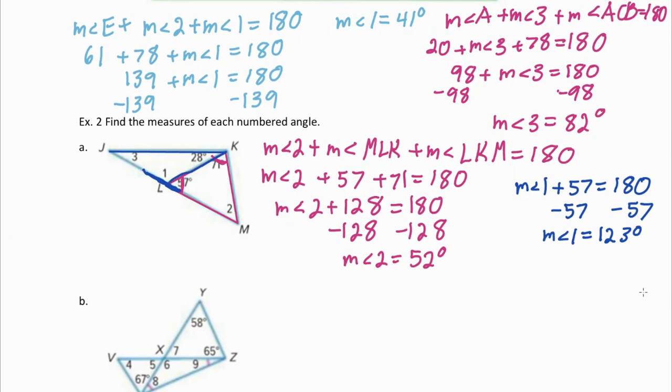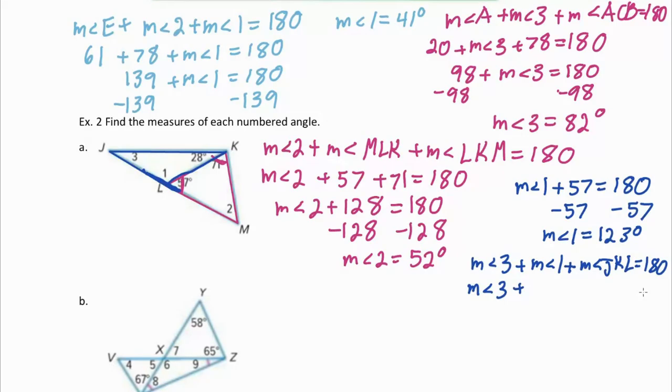So we have to form another triangle here. And here we can say that the measure of angle 3 plus the measure of angle 1 plus the measure of angle JKL is going to equal 180. Because again, it's a triangle, so all those angles are going to sum to 180. So we're trying to find the measure of angle 3.